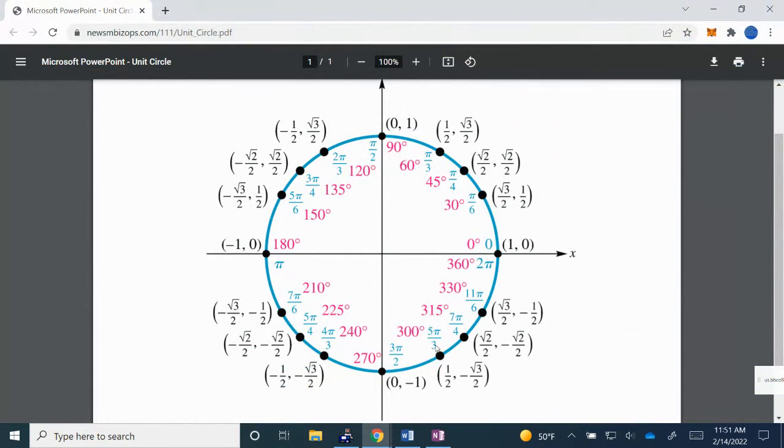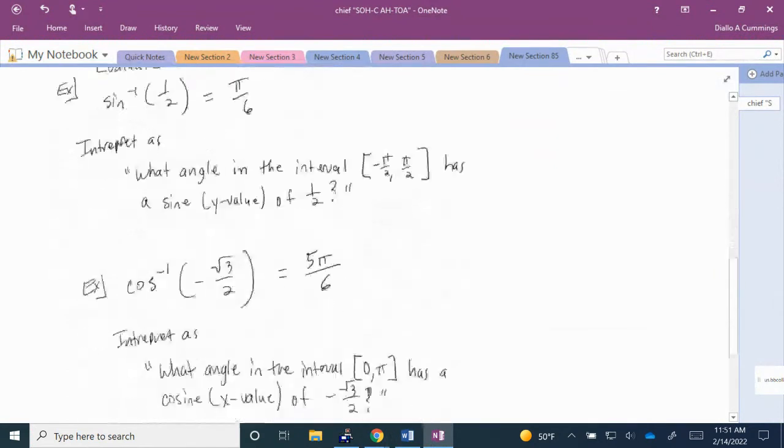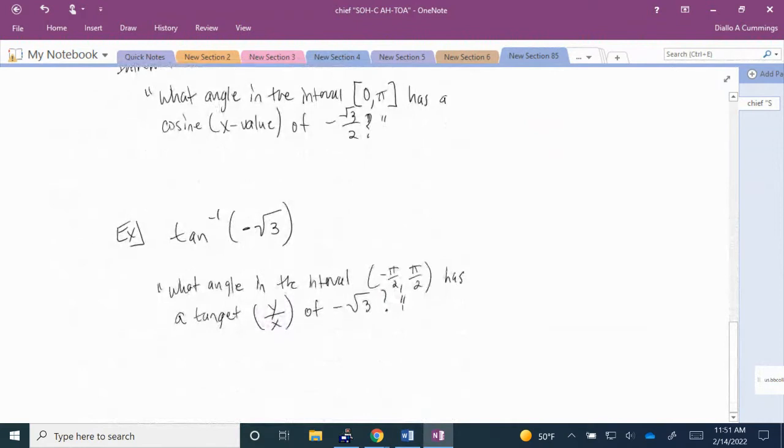I have to use its negative equivalent. So the angle that we're going to use is negative pi over 3. So the arc tangent of negative square root of 3 is negative pi over 3.